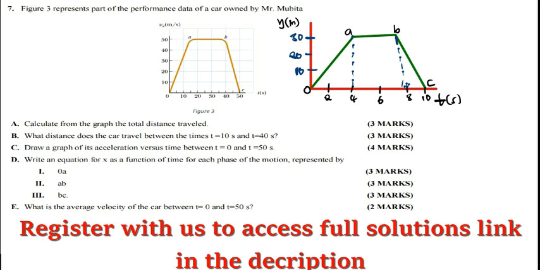Okay. The first question they're going to ask you is find the velocity at t is equal to 4 seconds. So when time was 4 seconds, what is the velocity? You know that velocity is given by the change in displacement. In this case we're talking about y, so I'll say the change in y divided by the change in t.